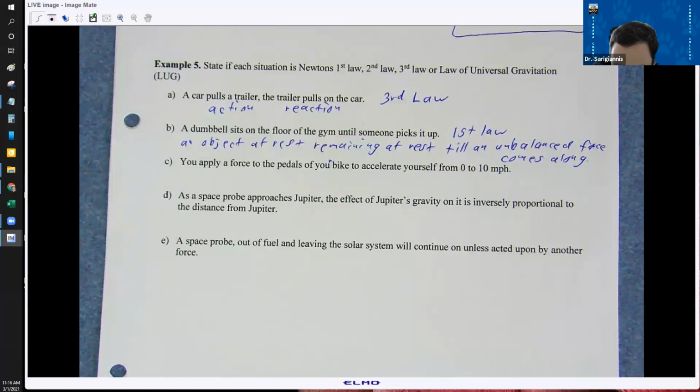Oh, I didn't launch the poll. I'm sorry, guys. I forgot when I relaunch a poll that's already been taken, it gives me the option, are you sure you want to do this? It will clear the results.